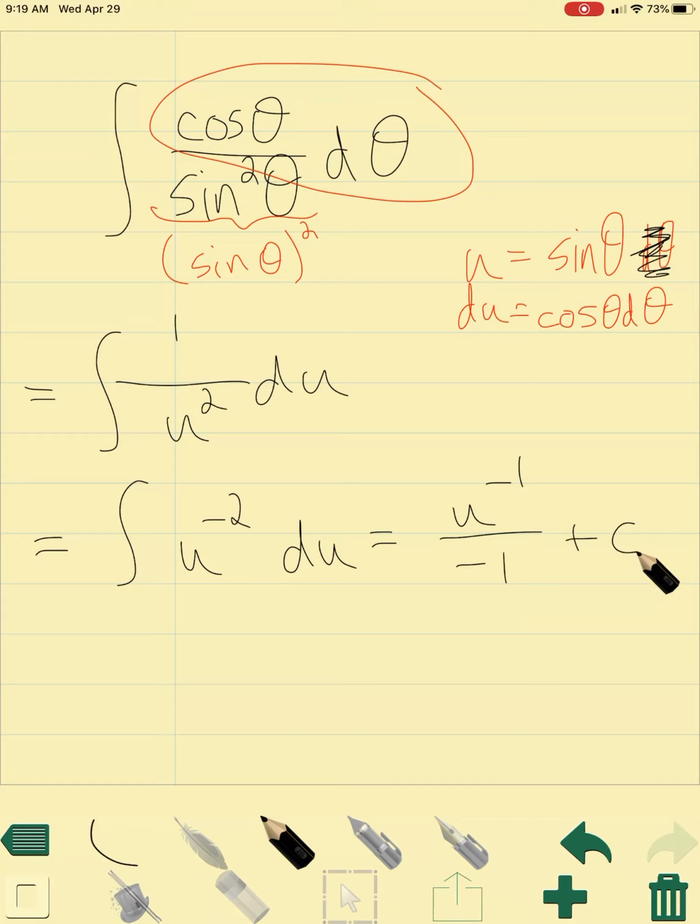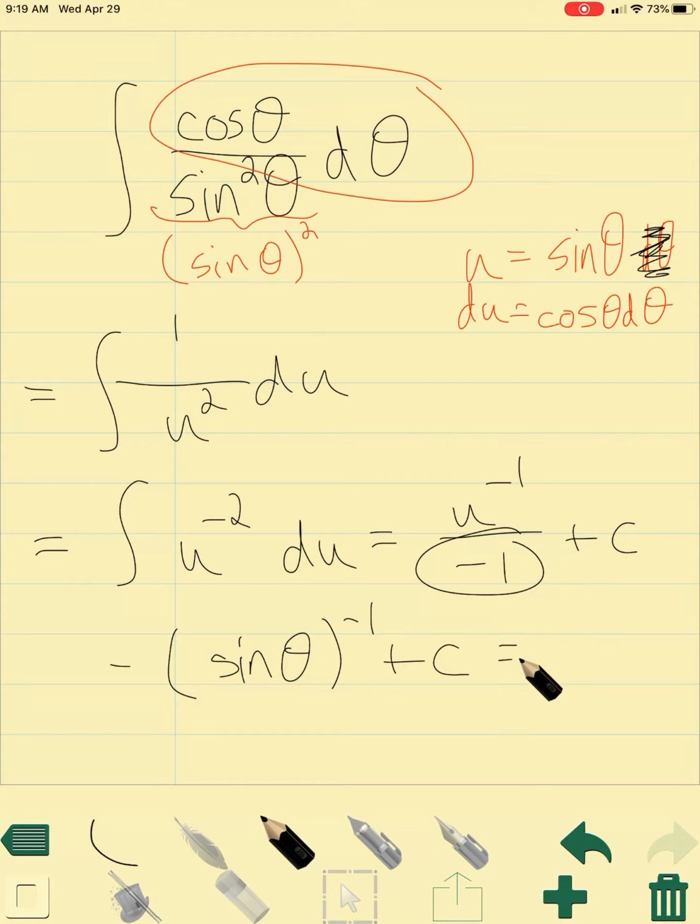And so my u value is just equal to the sine of theta, so we get the sine of theta to the negative 1 power, and I'm going to negate it because of this negative 1, plus c. So this is really equal. You could box that. I'm fine with that if you left that as an answer. But this is also equal to the negative cosecant of theta plus c.